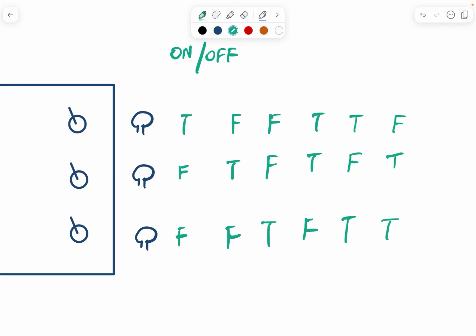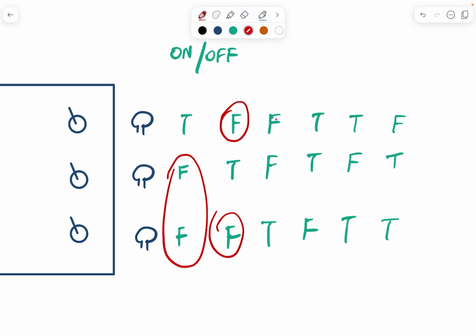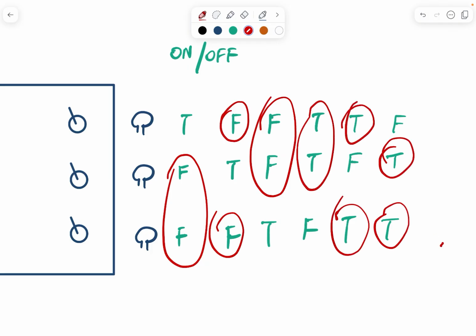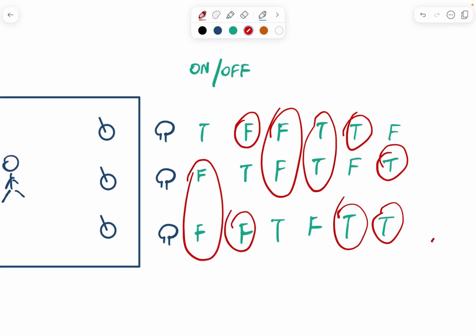This is probably all of the combinations that we can get, and you will always see that you must have two light bulbs that are in the same condition, and this is inevitable because there are not enough states available.